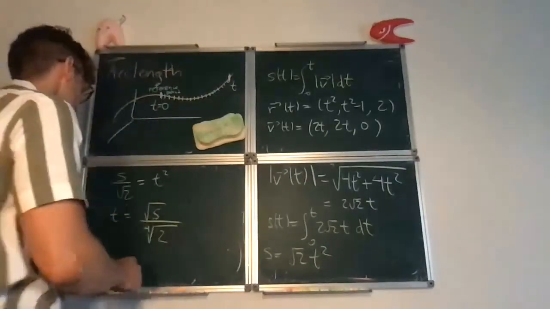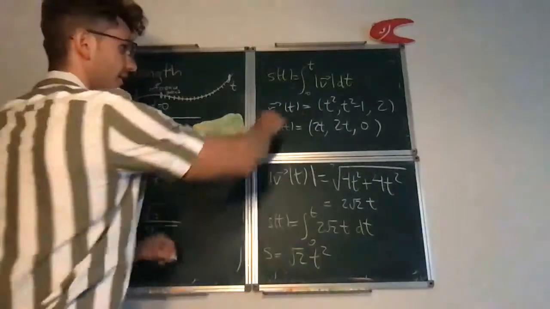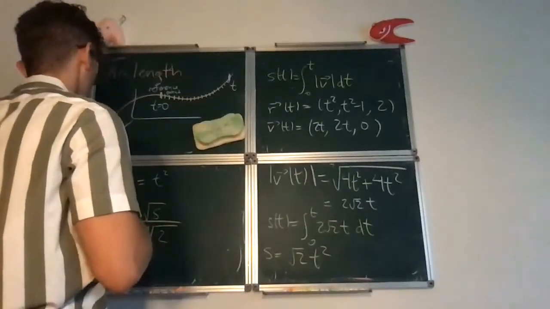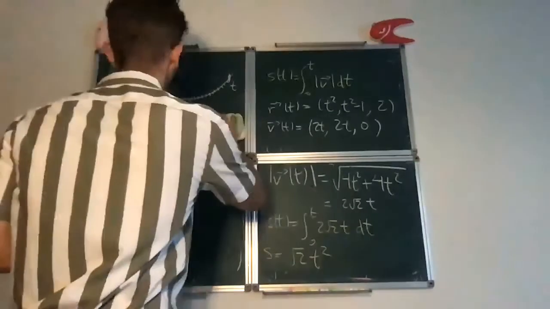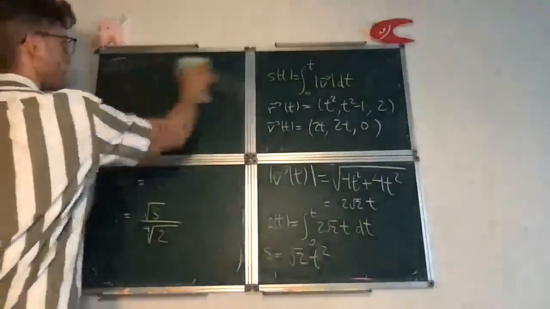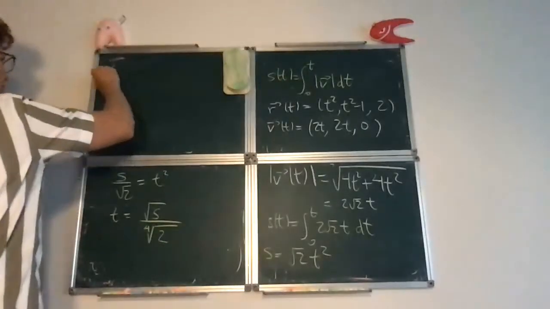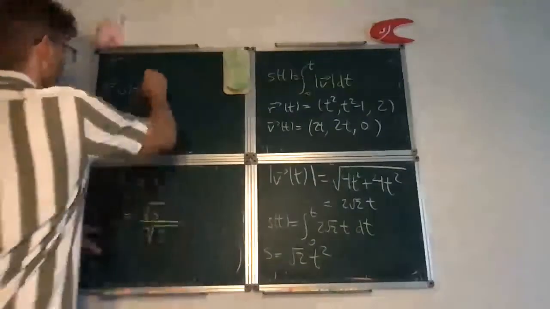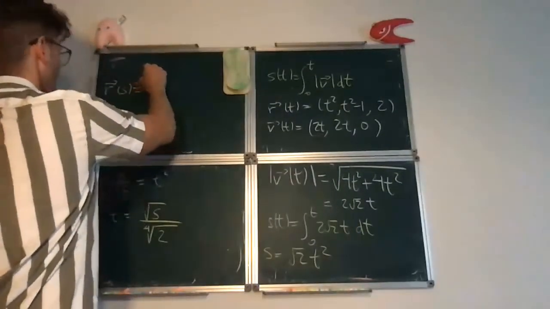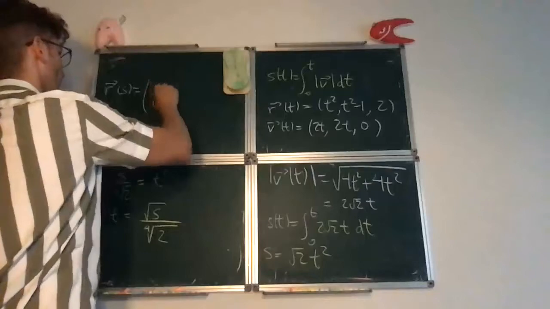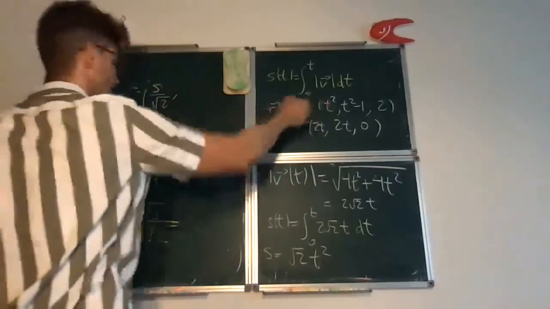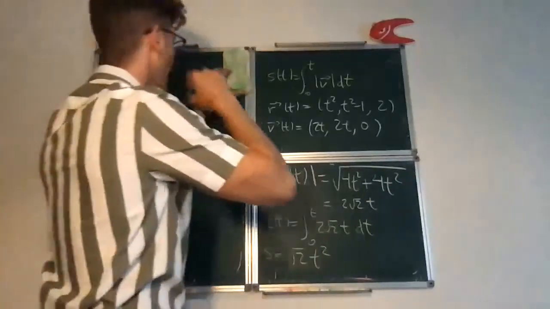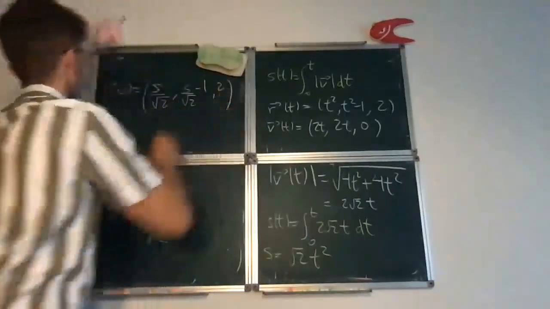And so what that means is that you can write r in terms of this new letter s. So r now is a function of s, and t squared is s over root 2, so r of s is s over root 2 minus 1, and then 2. Okay?